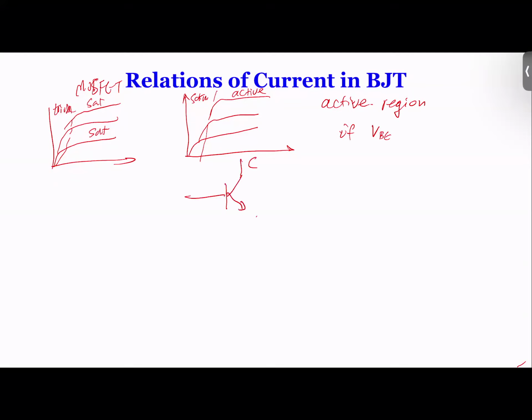Taking an NPN type of BJT as an example, if VB is low, there is no current. B to E is a forward-biased PN junction. So if that junction voltage is less than 0.7, which is a diode forward voltage, it's going to be in the off state.